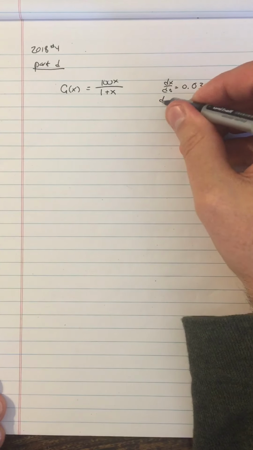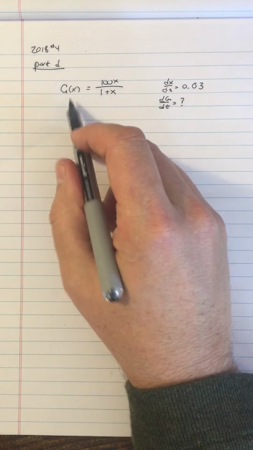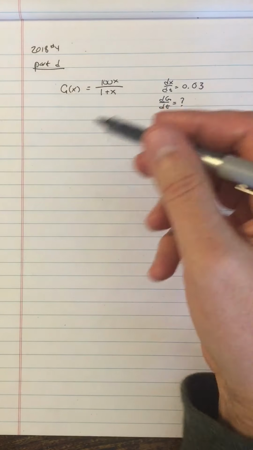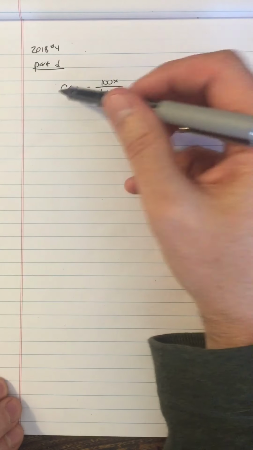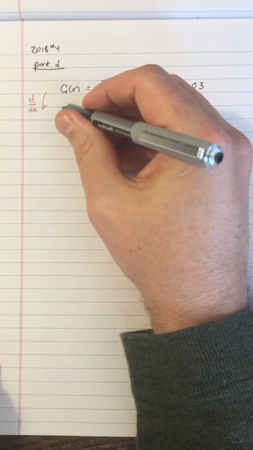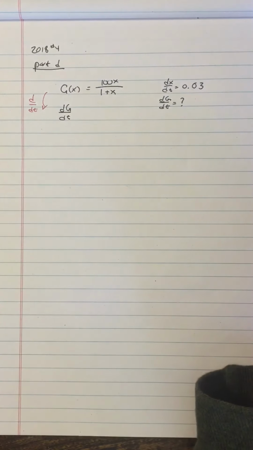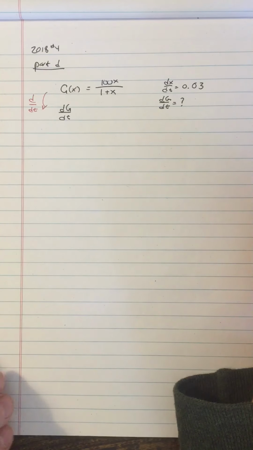And our question is, what is dg/dt? Right? So basically this is a related rates problem. I've got an equation relating two variables. I'm going to do a derivative, but my derivative is with respect to t. That's what I really have to watch out for. So over here I'm going to have dg/dt. I'm not going to call it g prime, because do I mean dg/dt or dg/dx, right?